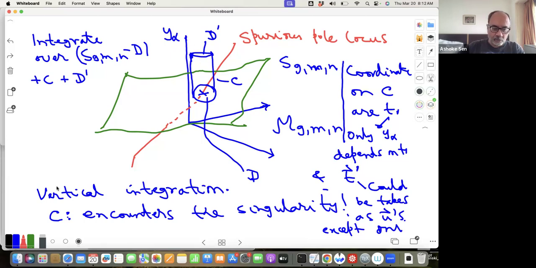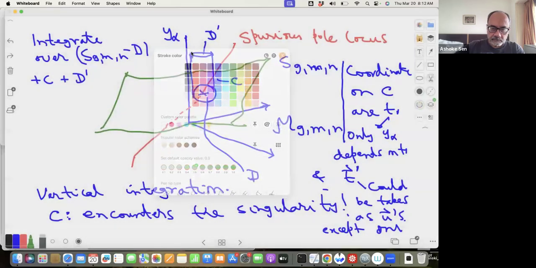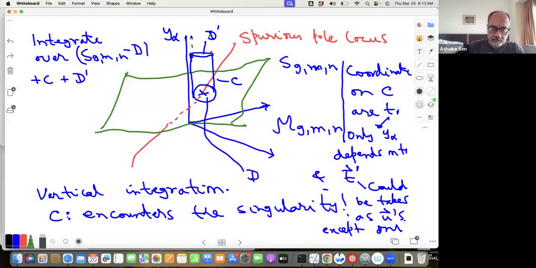And that will be true here, right? Suppose you erect it a little higher. This part of the integral will give the same result as on the D, right? If you integrate over the cylinder or cylinder plus the top or just this one, it's the same result. And that is the result of the application of Stokes' theorem.